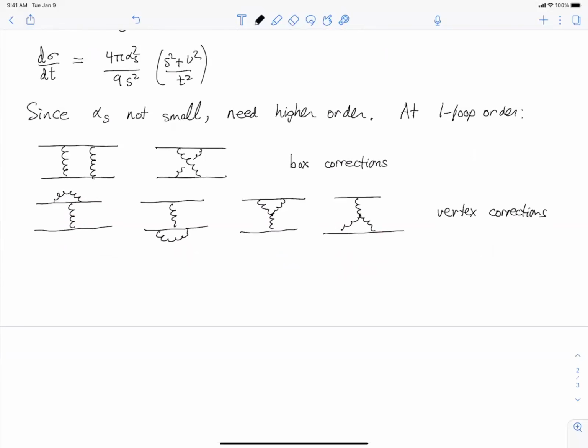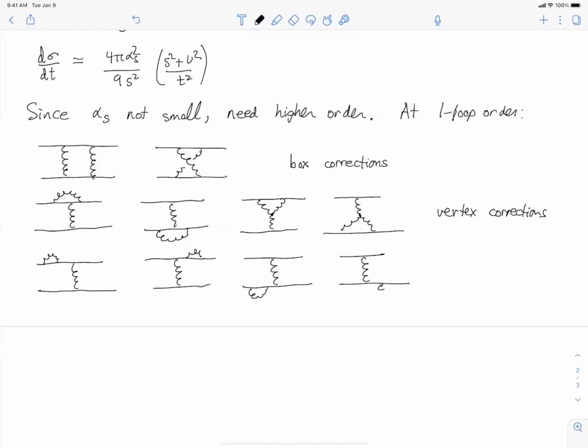There's things like this. So these are corrections to the external lines of each of our quarks. Okay, and these are quark wave function corrections.